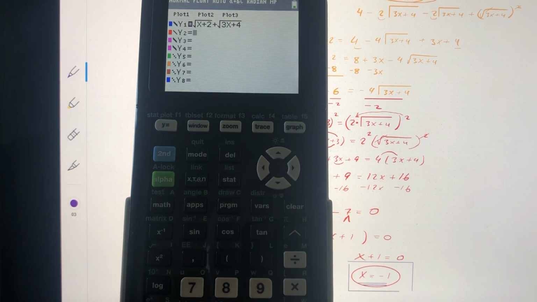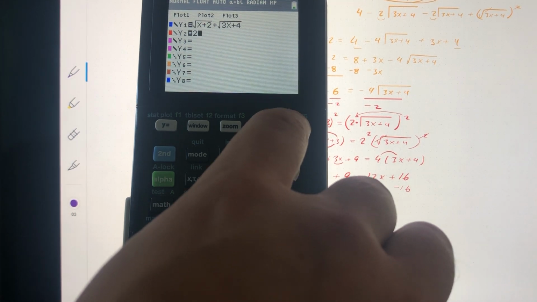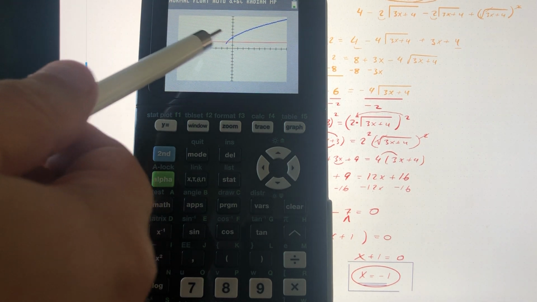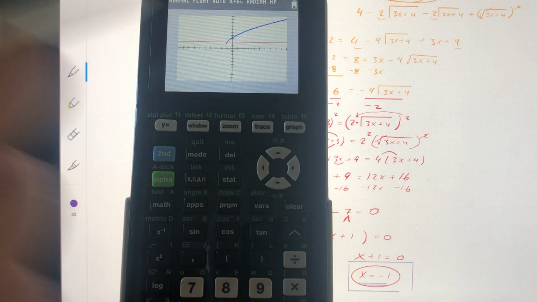And then the other side equals 2. And we're looking for the place where both of them cross. So here comes the root, here comes the 2, and we can see there is only one solution, not two, just one, and we can find out what that is.